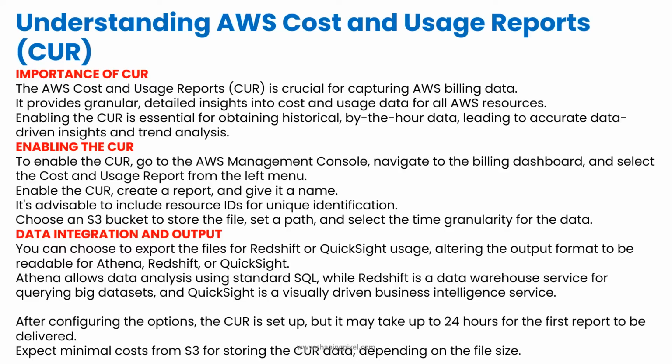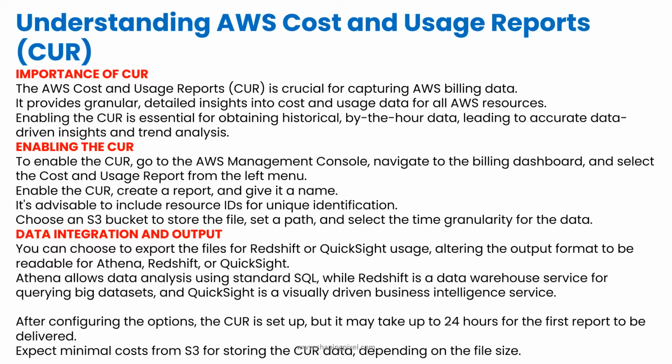Enable the CUR, create a report, and give it a name. It's advisable to include resource IDs for unique identification. Choose an S3 bucket to store the file, set a path, and select the time granularity for the data. You can choose to export the files for Redshift or QuickSight usage, altering the output format to be readable for Athena, Redshift, or QuickSight.